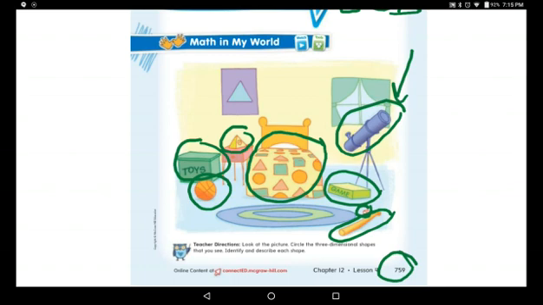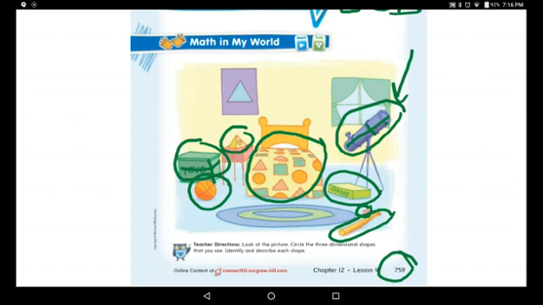This object has width and it has length, and it has height. Look at this one, the toy box. It has length, it has width, and it has height.